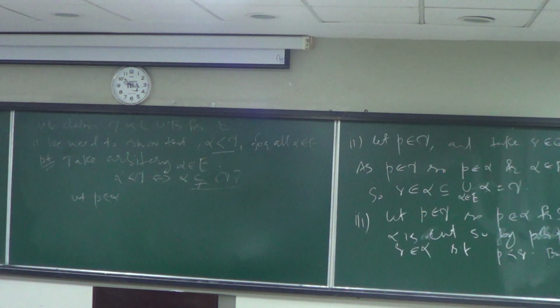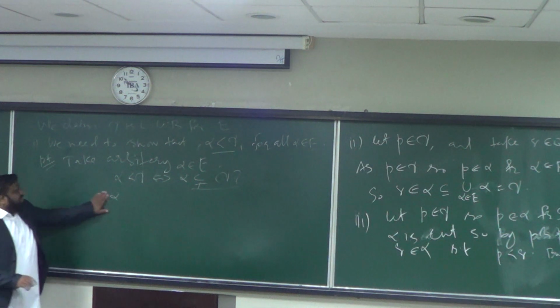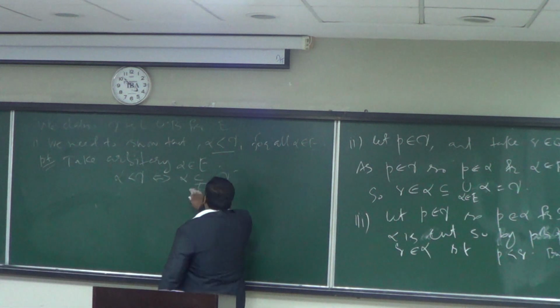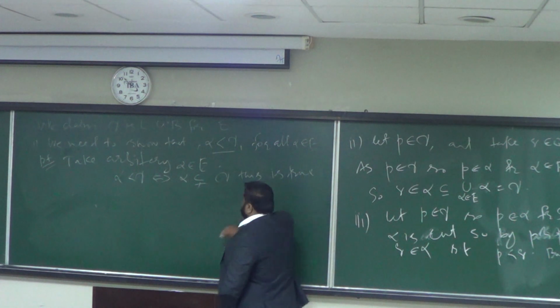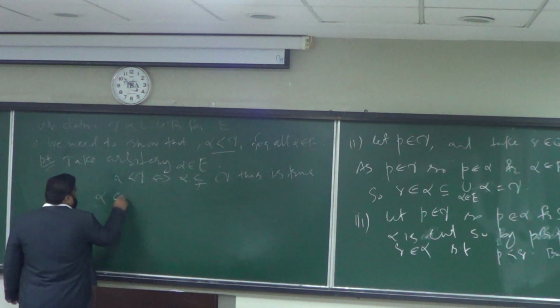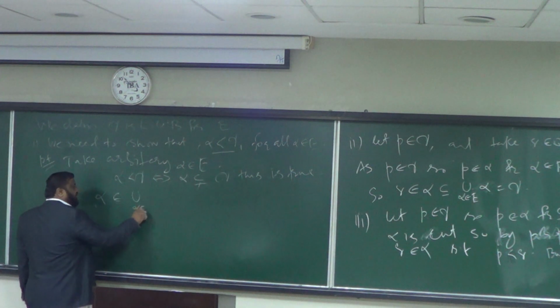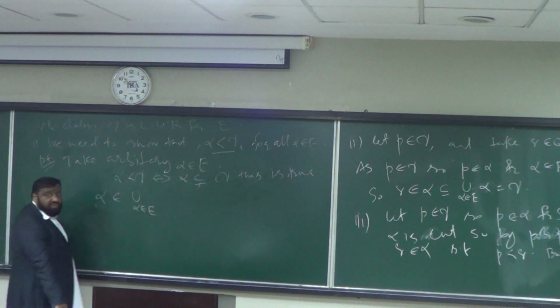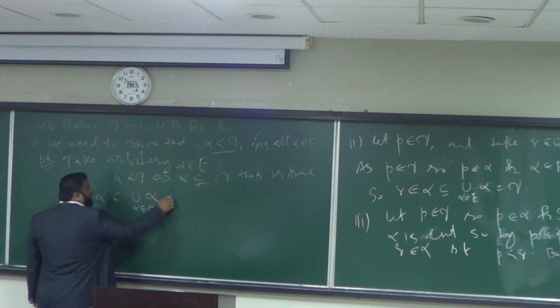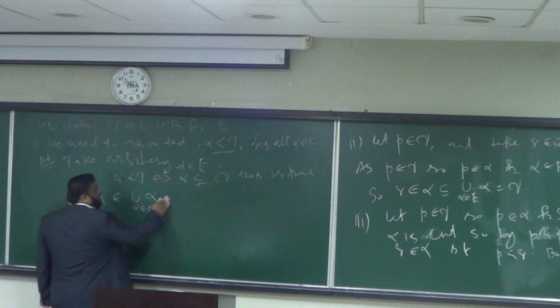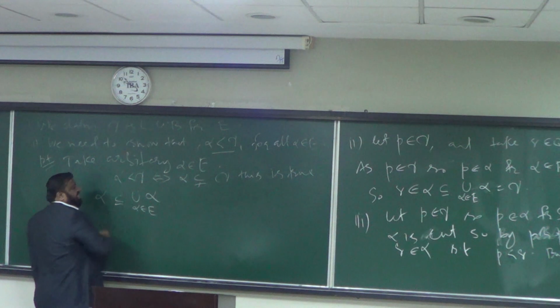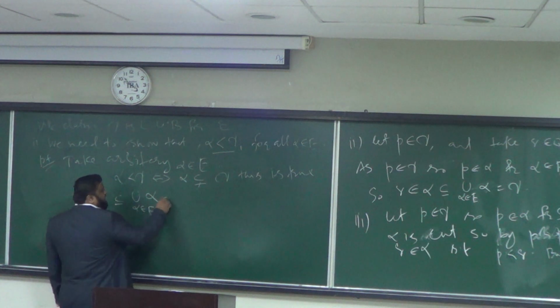Because it's a union. In other words, if you wish, you can give a direct argument. This is true because alpha is contained in the union of all alphas which are in E. So alpha is contained in the union, and this union is gamma.